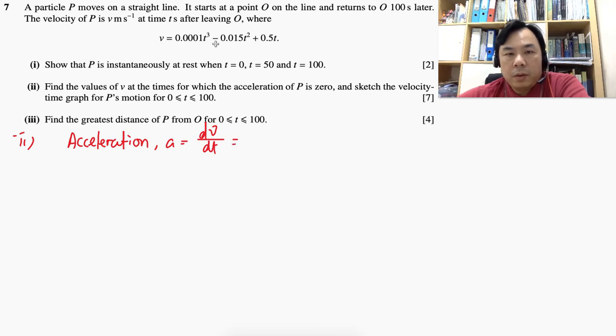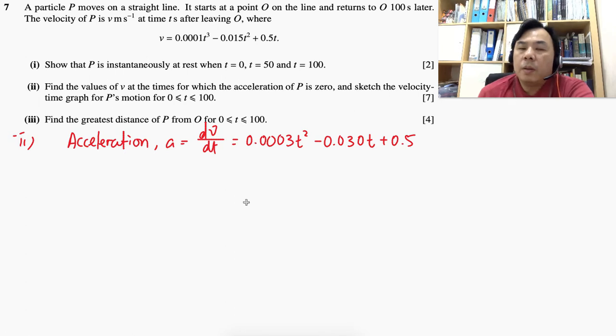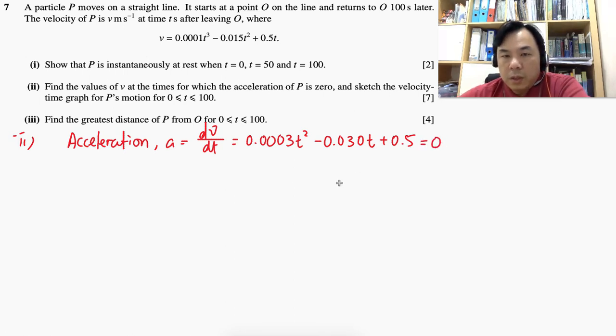Therefore, if you differentiate this, you have 3t squared, then 0.030t, and then finally you have 0.5. So when the acceleration is equal to 0, it means that this is equal to 0, therefore we're going to solve this.